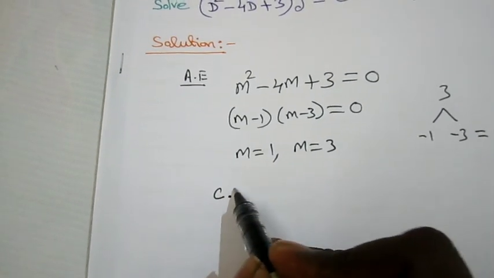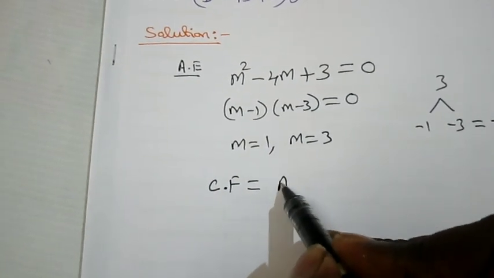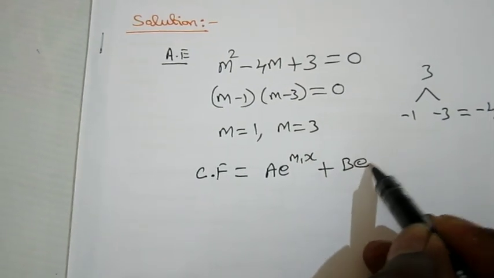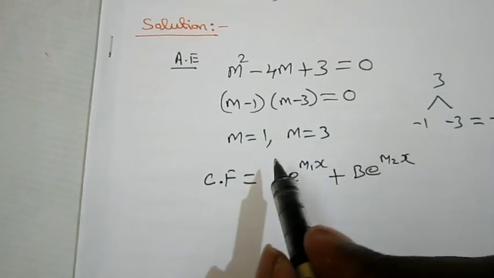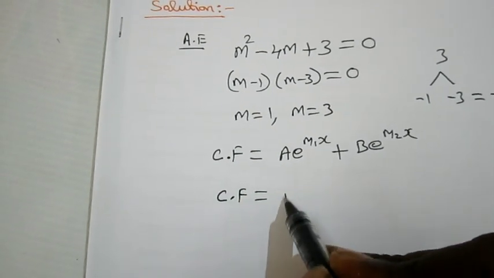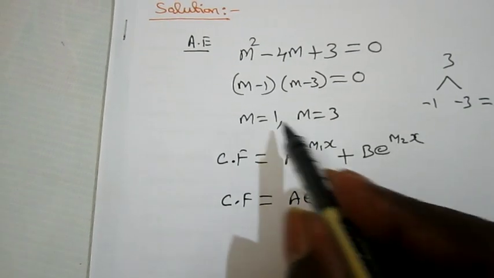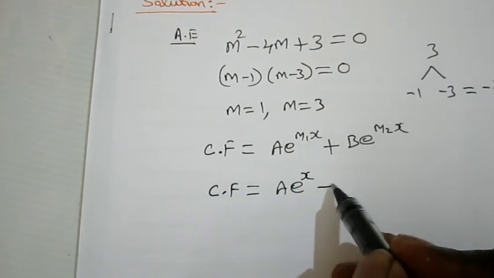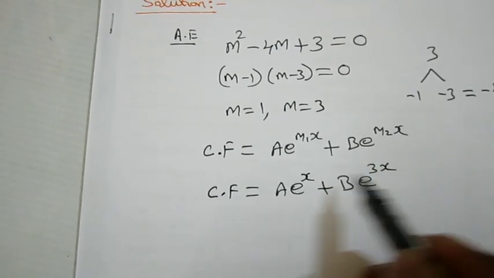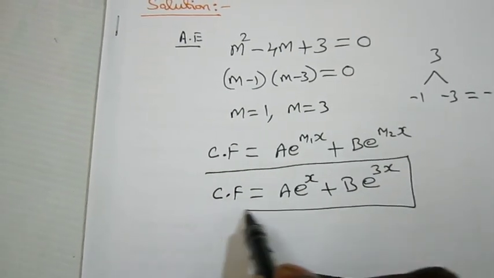So the complementary function formula is a into e power m1 x plus b into e power m2 x. You can treat either one as m1 and m2. So the complementary function is a e power x plus b e power 3x.